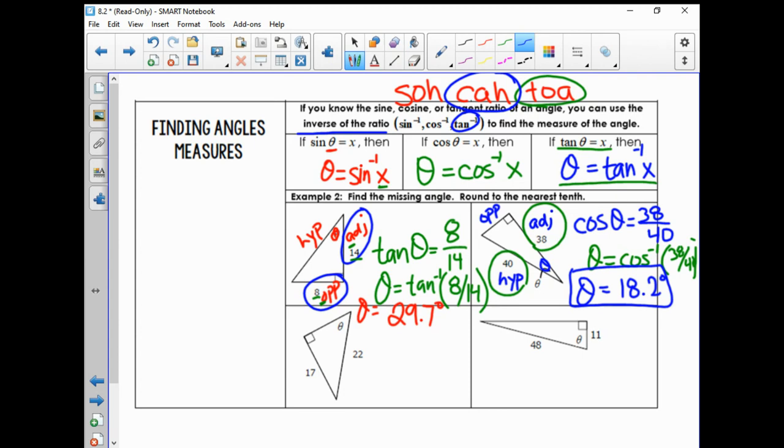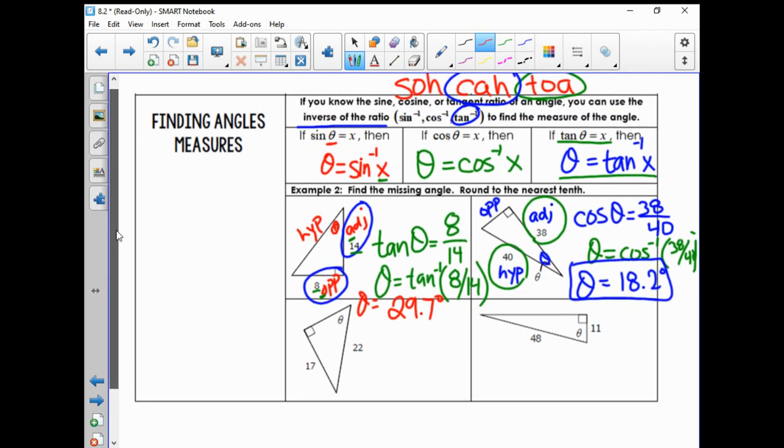All right, let's look at two more here. Okay, so over here, we're going to identify, we're going to go across from our theta here. This is my opposite. Across from your right angle is the hypotenuse. I don't even need to write the adjacent because those are the two sides that they've given us, the O and the H. So this one's going to use the sine.